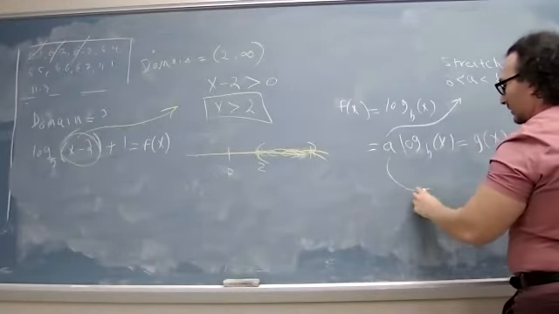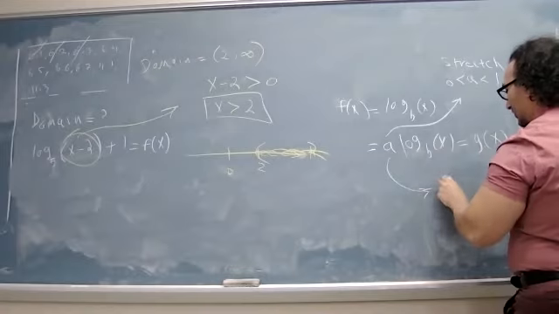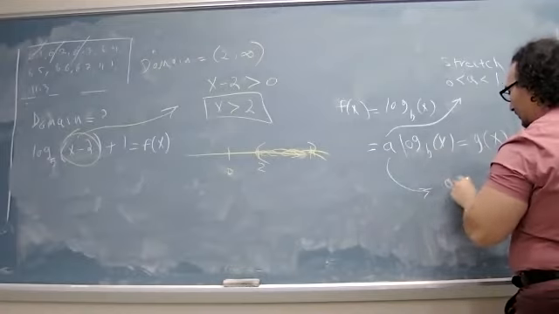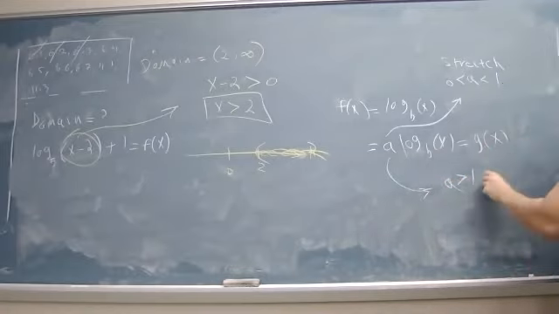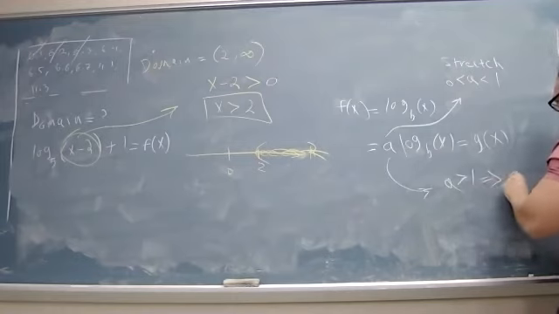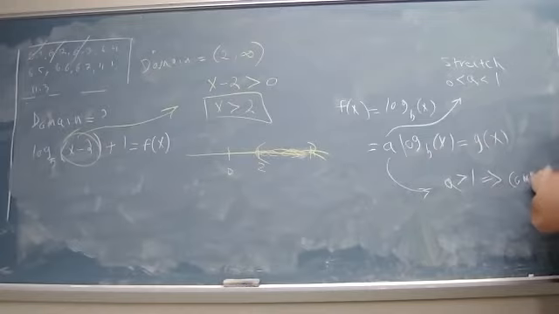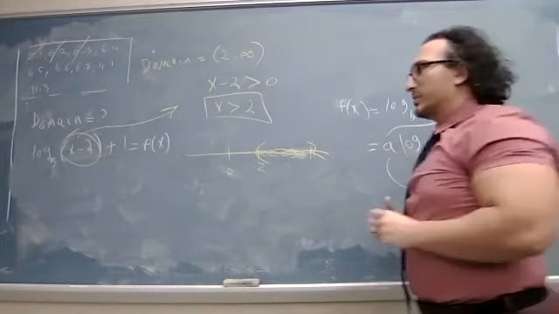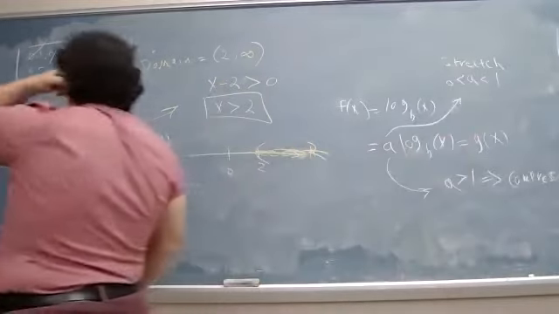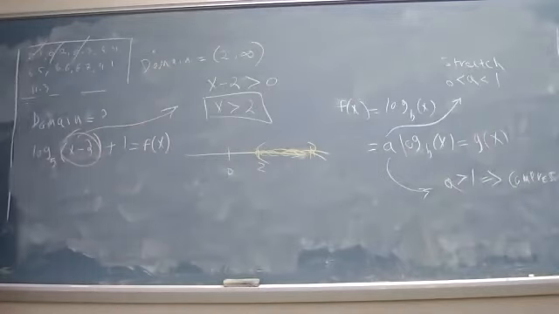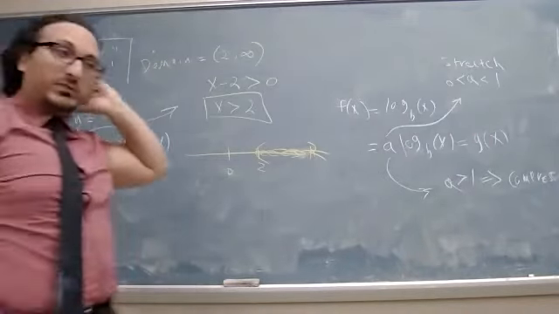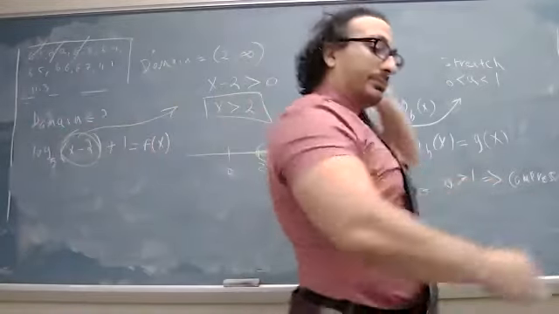But if a is a number that's strictly greater than 1, this will lead to a compression. But you know, this stuff is good for asking visual intuition questions. But at the end of the day, you could create an f of x table, and it would reveal to you that this is the truth.